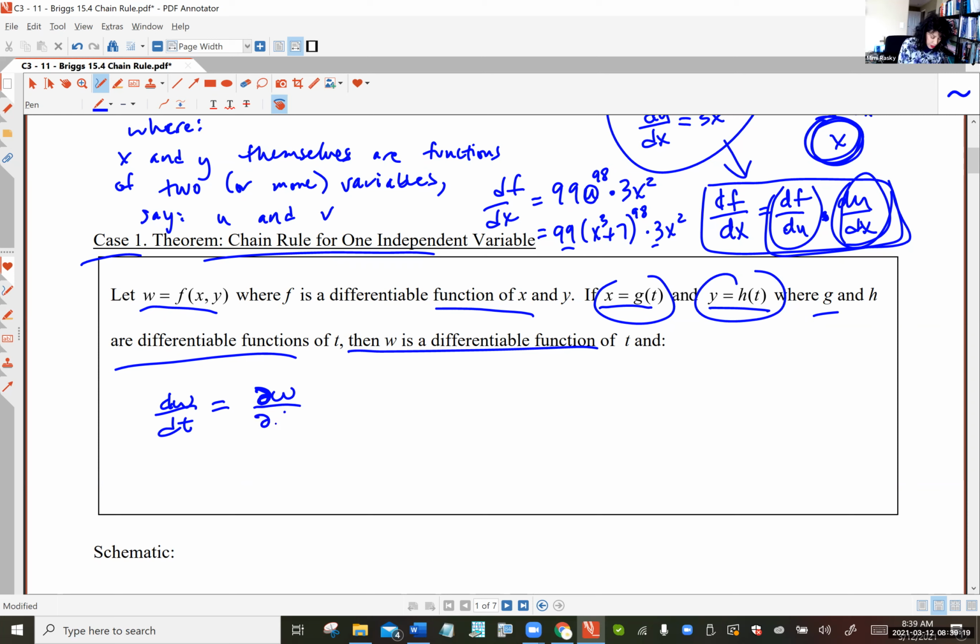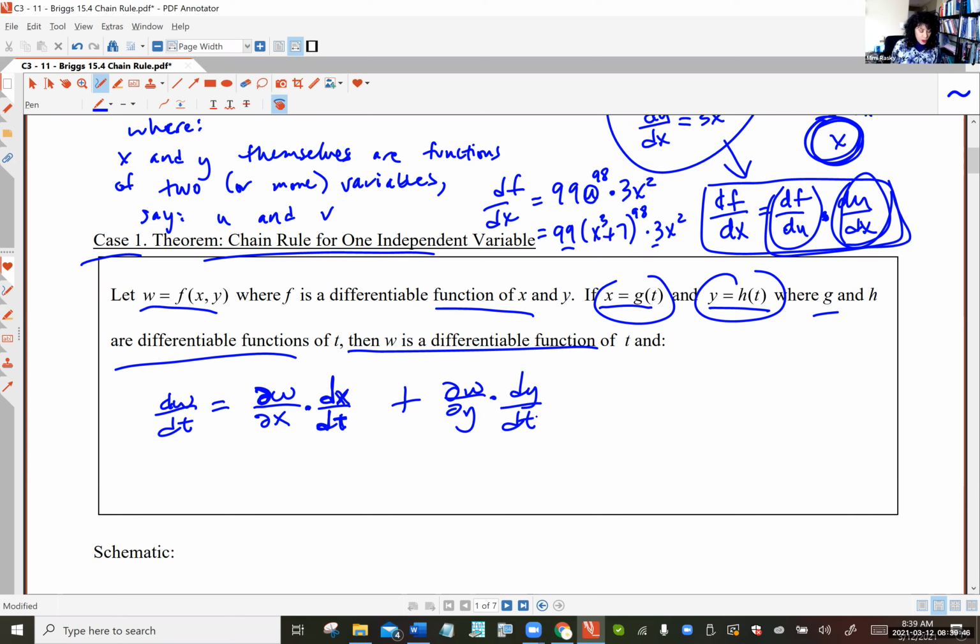The partial of W with respect to X times, now you're going to use a straight stem D because you have a single function of a single variable. So the D's here, dx/dt, are straight stem D's. And yes, it matters. I'm going to dock you points if you get these wrong, because this is key. Part of the understanding too is showing me you understand this notation. There's the chain rule.